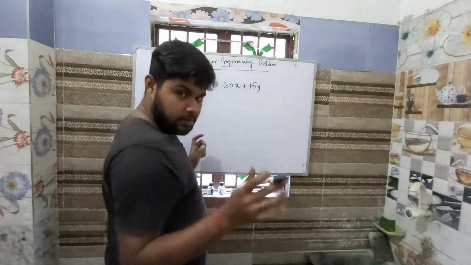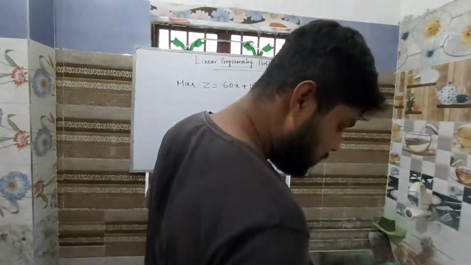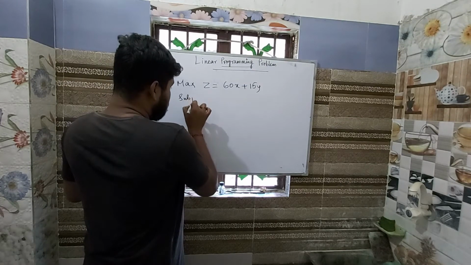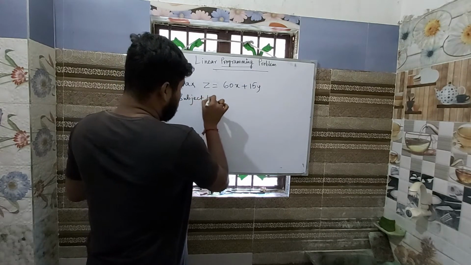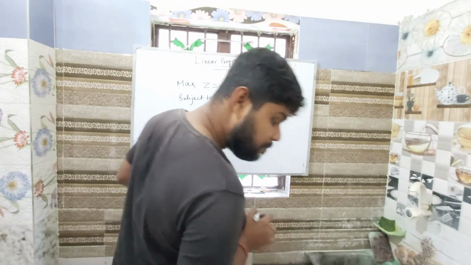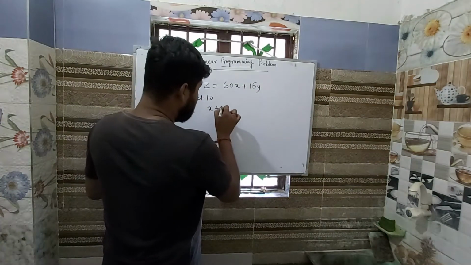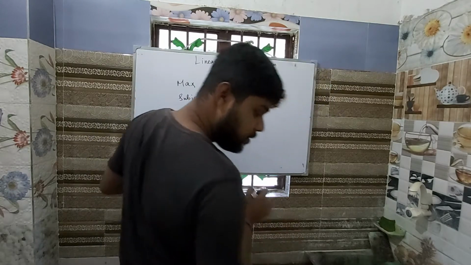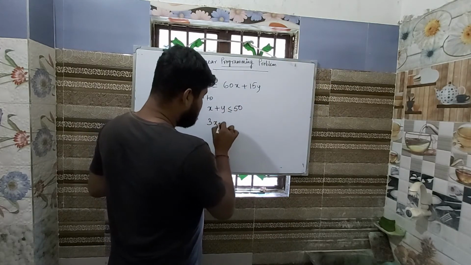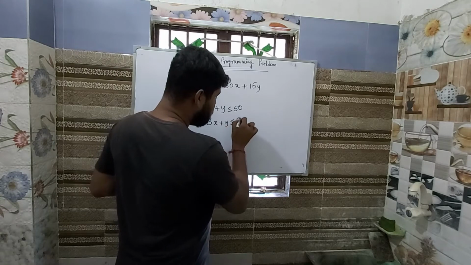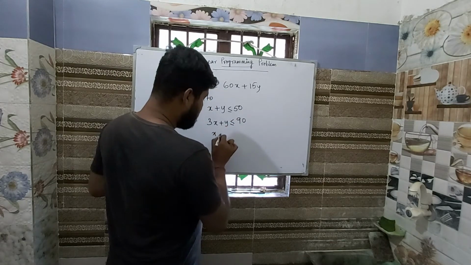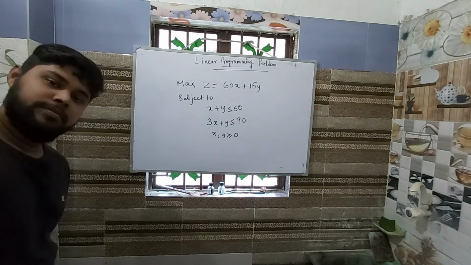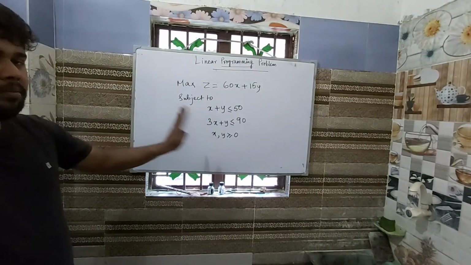I am just taking a random example, whatever I can see right in front of me, subject to x plus y less than or equal to 50, 3x plus y less than or equal to 90, x and y greater than or equal to 0. So this is one of the problems.